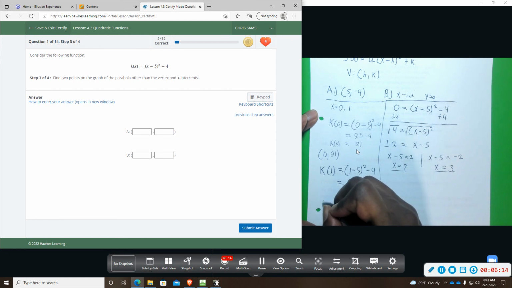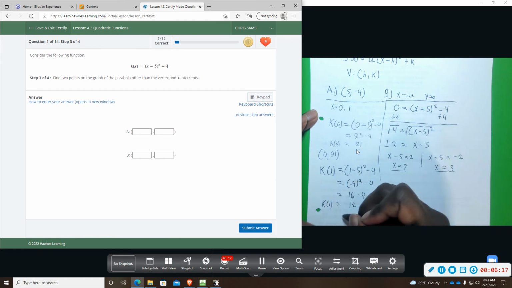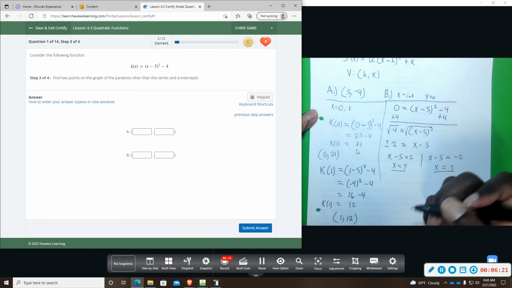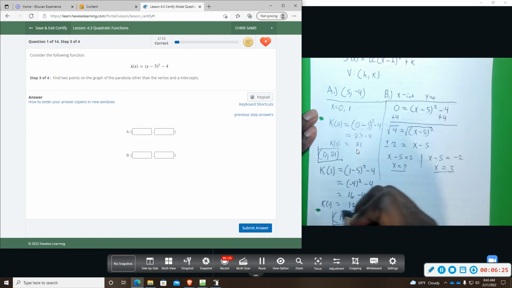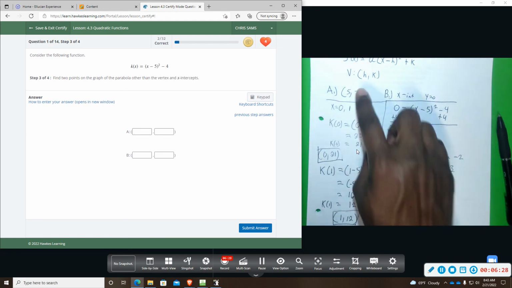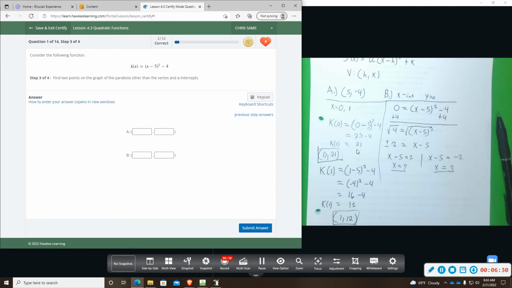So when we plug in 1, we get 12. So the ordered pair is 1, 12. So we get these two ordered pairs. These are different from the intercepts and the vertex. So 0, 21, and 1, 12.